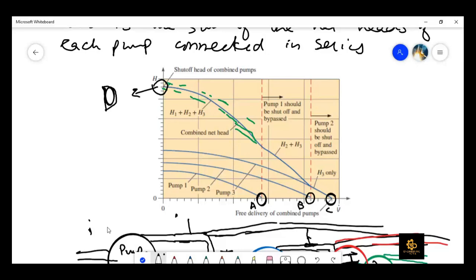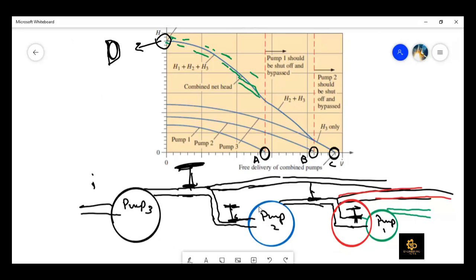So it means that there is no flow in the piping system, and we are operating all three pumps, but because there is no water going forward, it is the shut-off head for all three pumps, right? So it would give us the maximum head, but we cannot use that head because there is no volume flow rate in the piping system.